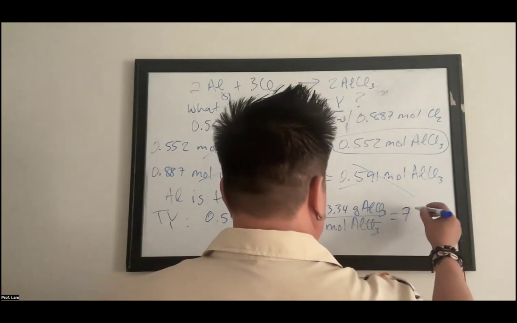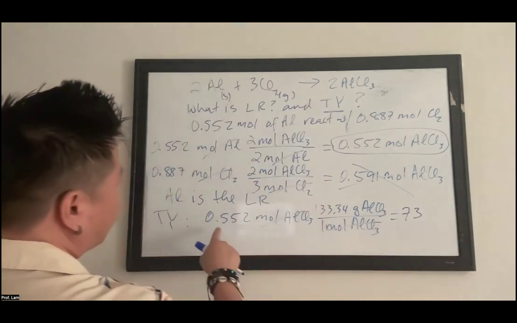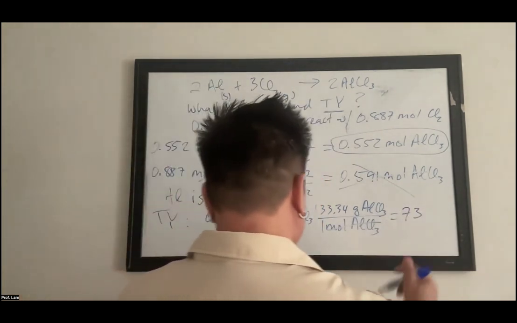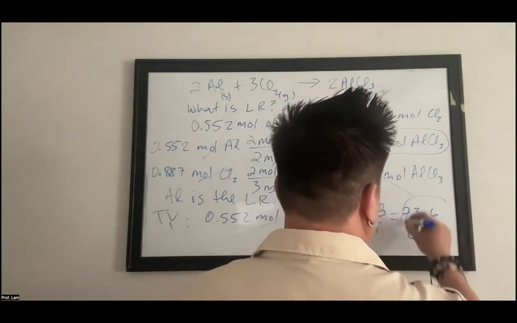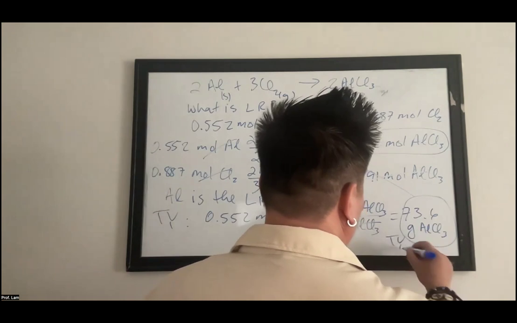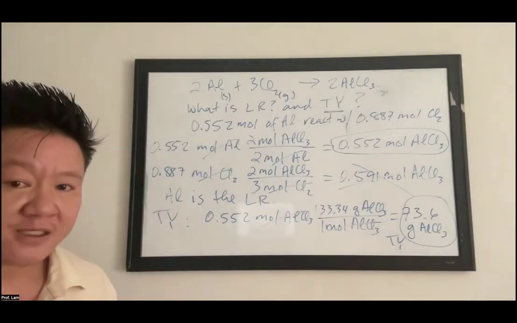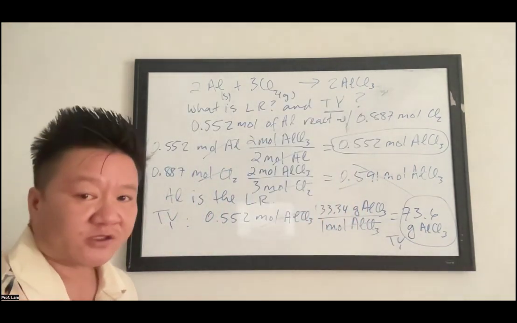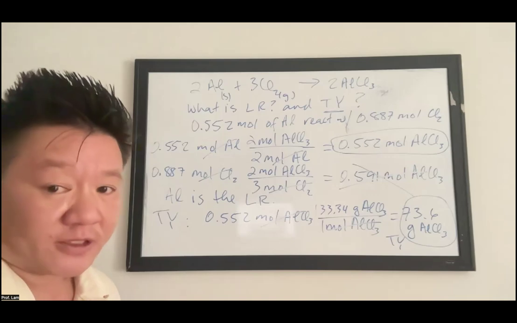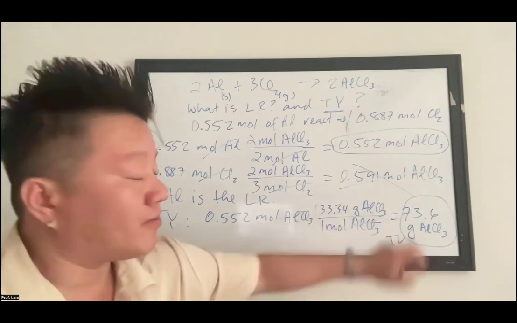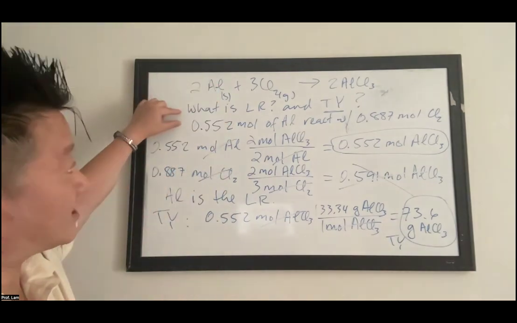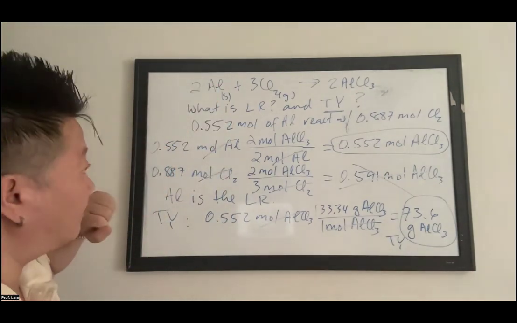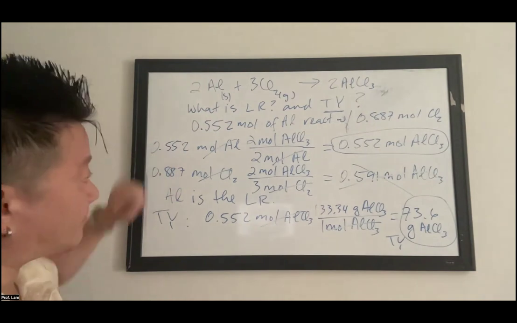So we get 73. Let's check the sig figs. We need 3. So 73.6 grams of AlCl3. That's our theoretical yield. So remember what theoretical yield means: if everything is perfect, we should be able to make 73.6 grams of aluminum chloride from these conditions, from our limiting reactant.